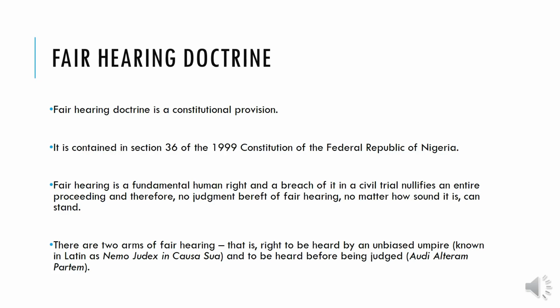Yes, it has been in the Constitution, and it is all about giving parties in any case, either civil or criminal, fair hearing. The two most important pillars of fair hearing are that the judge who is determining the case must not have personal interest in that case. So must not have any personal interest in the case.